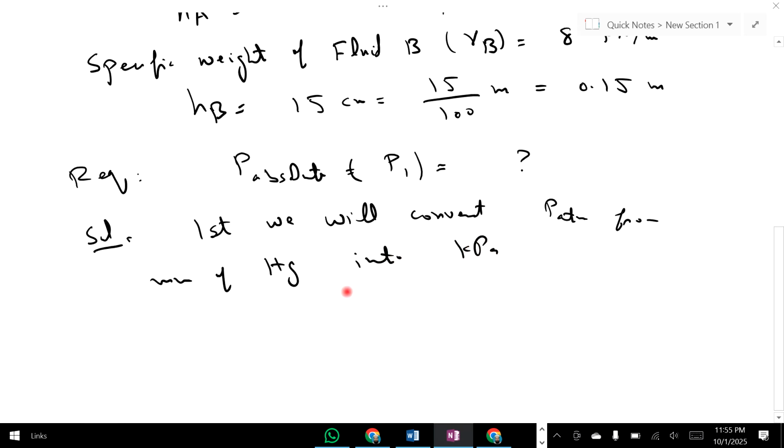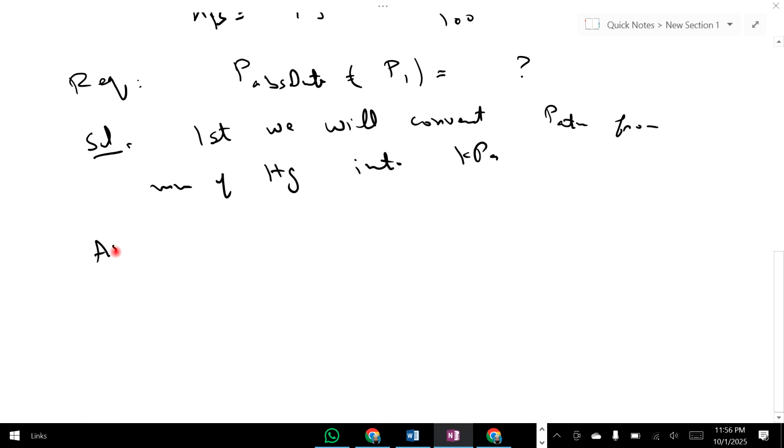So as we know that 1 millimeter of Hg is equal to 133.322 Pascal, and in kilopascal divide by 1000.